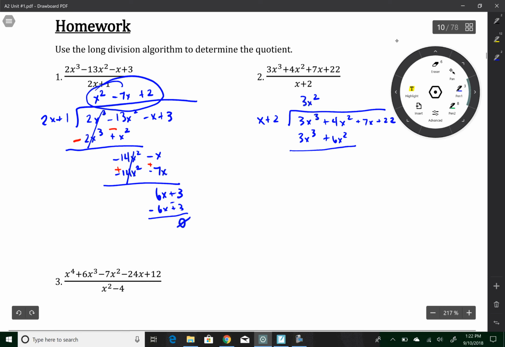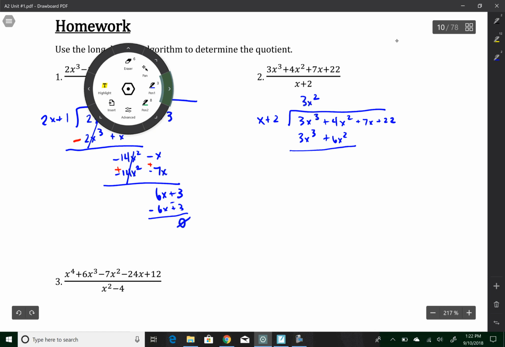Remember, again, you are subtracting here. Let me just move this out of the way. So since we are subtracting, this becomes a minus and a minus. These first terms cancel. 4 minus 6 is negative 2x squared. And the plus 7x comes down.